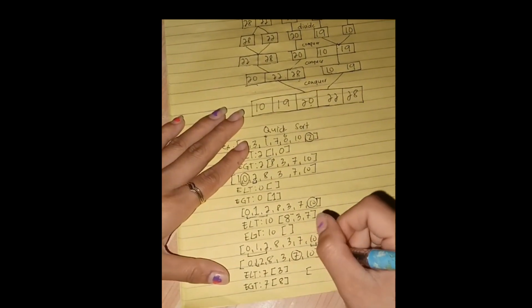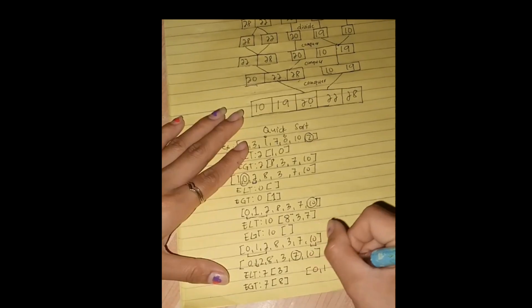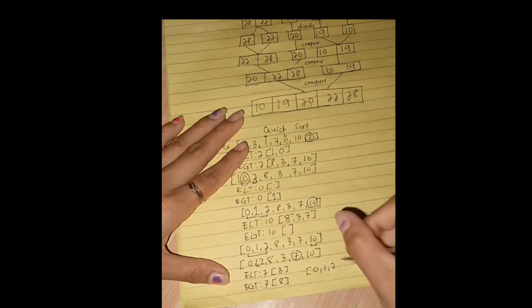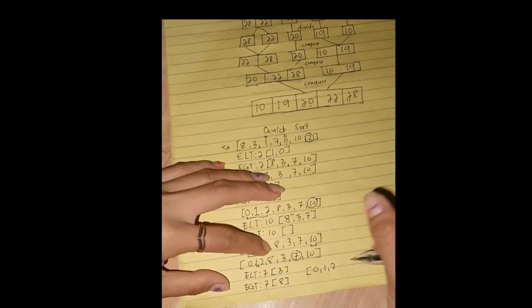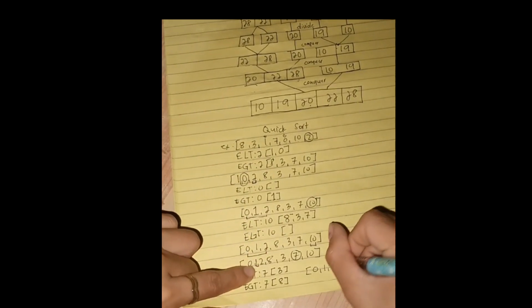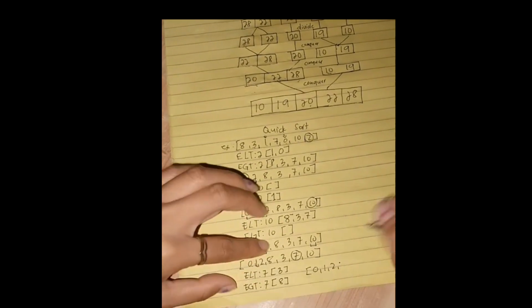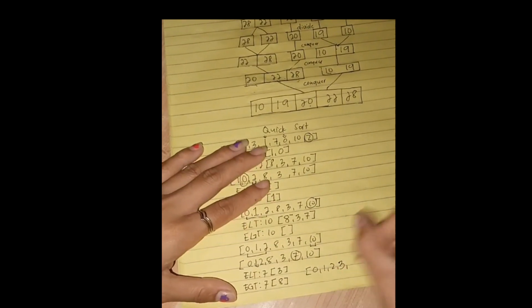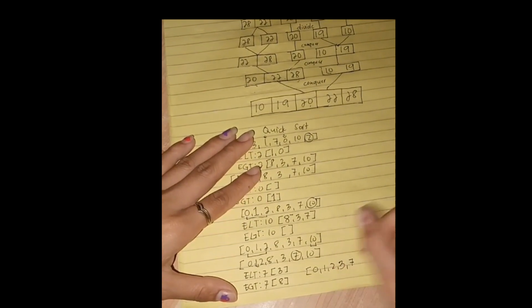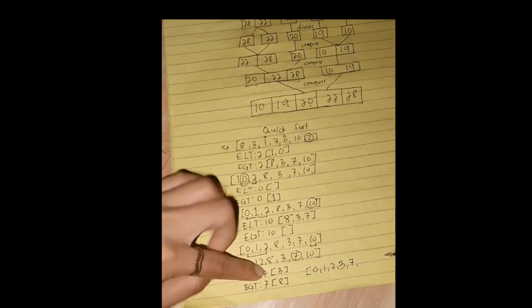We have, copy muna natin, 0, 1, 2. I-rearrange natin. Ilagay natin dito ang less than kay 7. Ang less than kay 7 ay si 3. Then, ipagitna natin si 7.